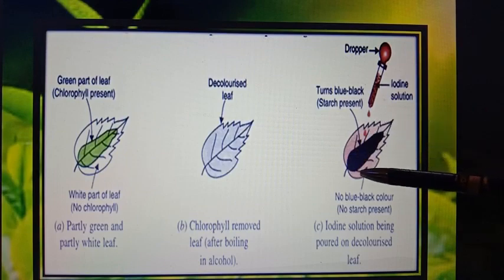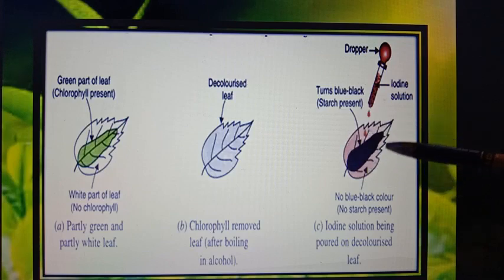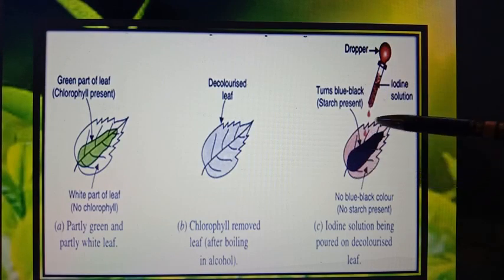And the white part, as it doesn't contain chlorophyll, no photosynthesis took place here. So that's why in the presence of iodine, it doesn't show any color change. So by that experiment, we can prove that chlorophyll is essential for the photosynthesis process.